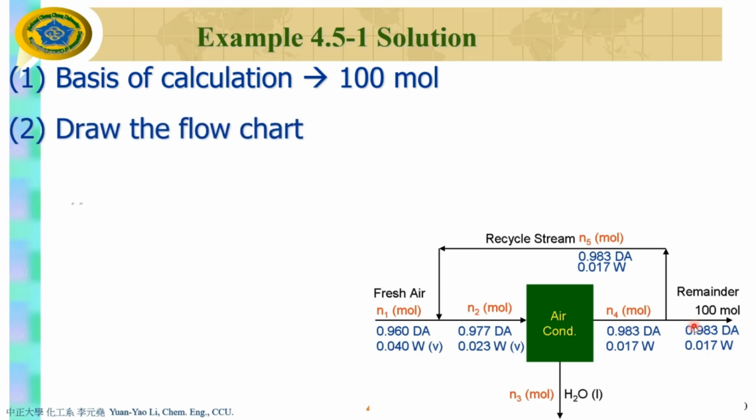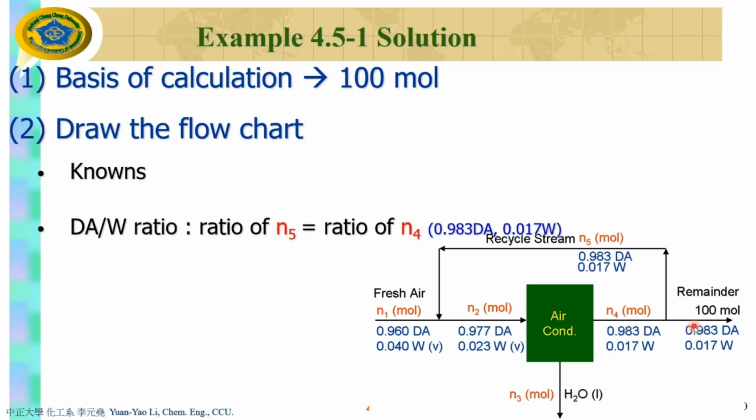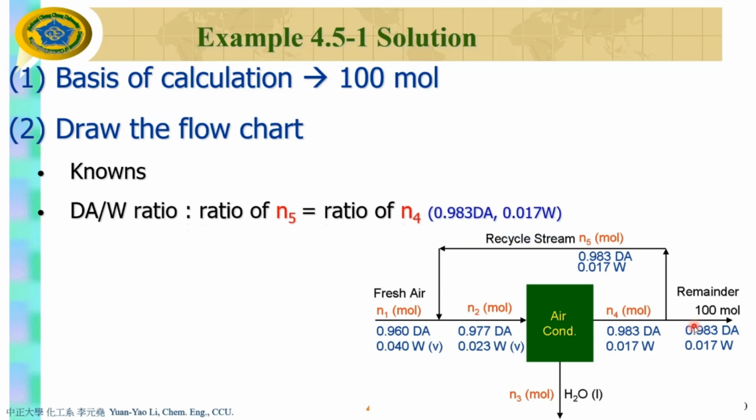We draw the flow chart, and we address the knowns and the unknowns. The important thing is that the fraction here will be exactly the same as in the output stream and recycle stream. And we have 5 unknowns: N1, N2, N3, N4, and N5.